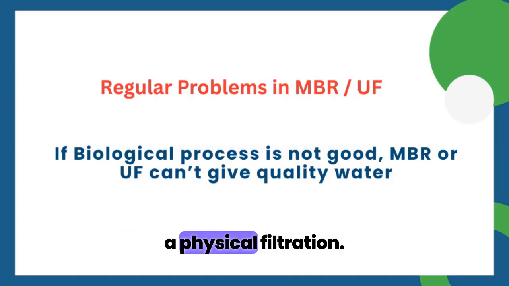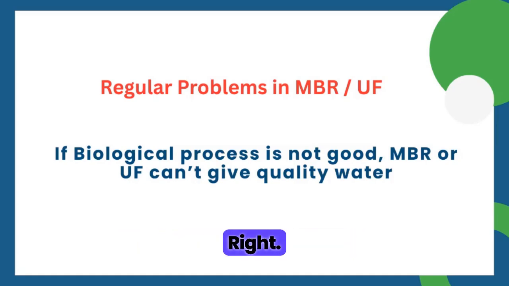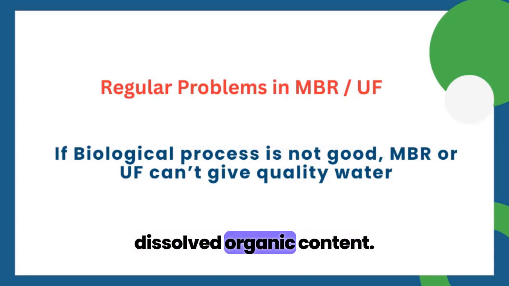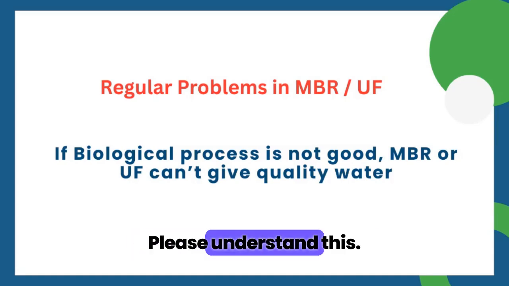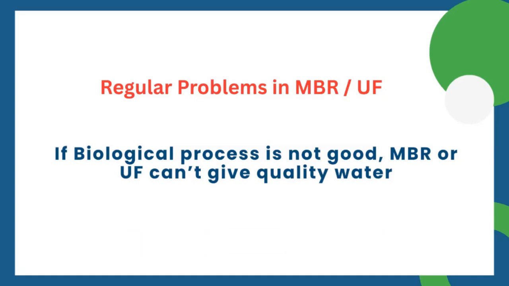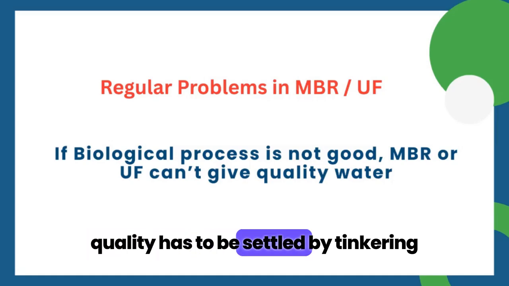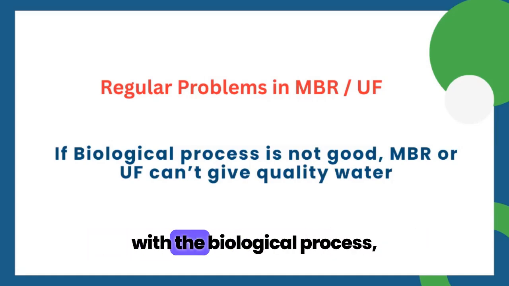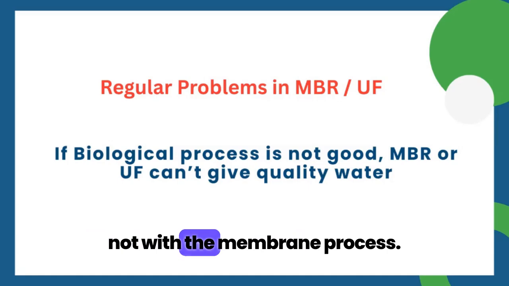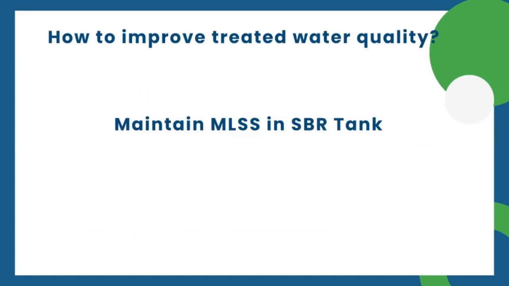The membrane is only doing a physical filtration, right? It cannot remove your dissolved organic content. Please understand this, right? So the problem of poor water quality has to be settled by tinkering with the biological process, not with the membrane process, right?